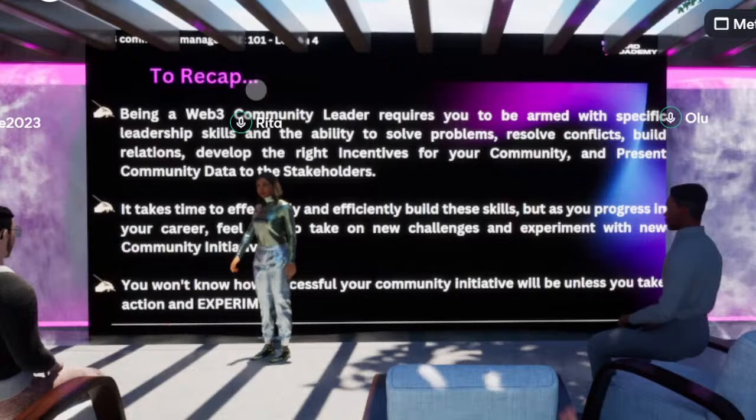Now we have a community activity that we have had since week 2 of the class, where we started building a strategy on how to manage and engage your community. And this is a continuation of that.